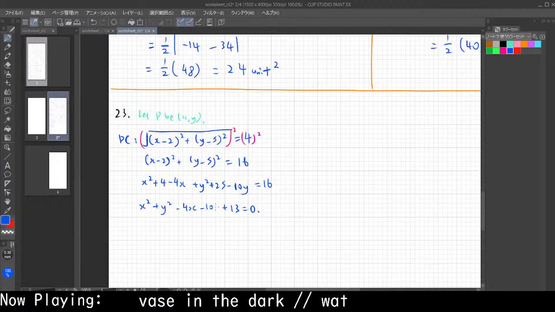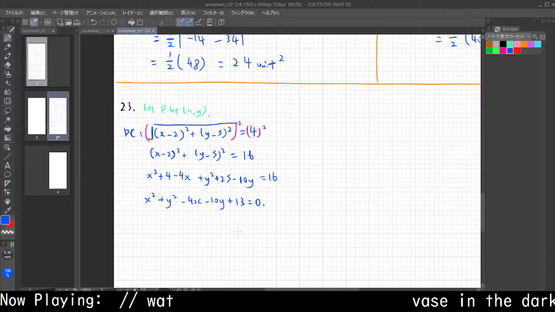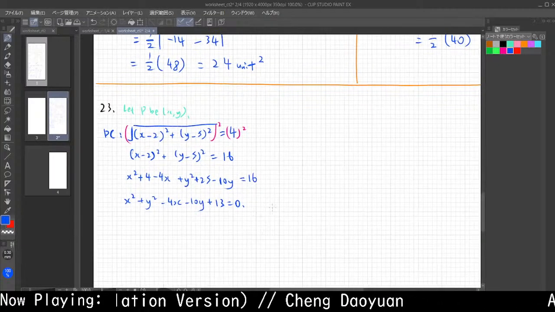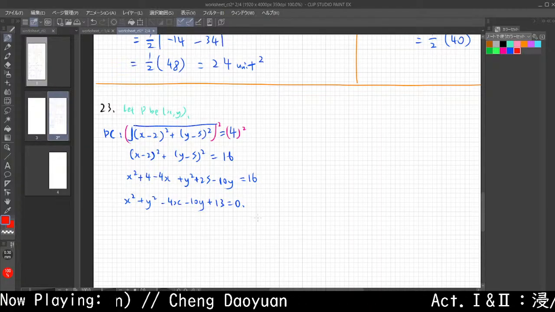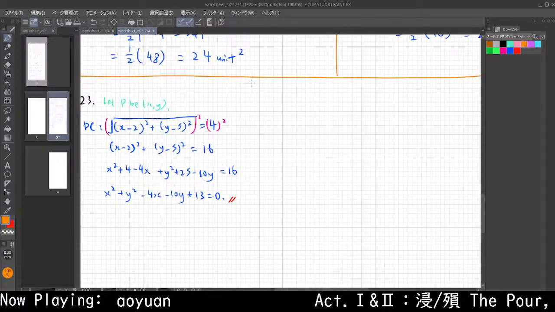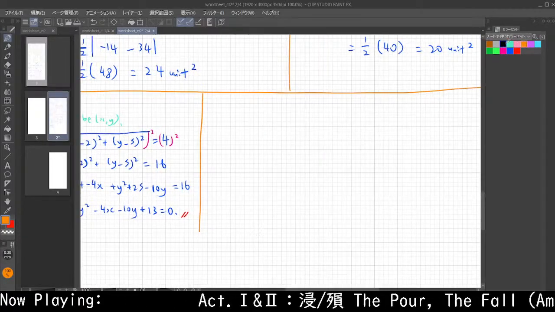Basically, after you get this, nothing else you need to do. If you can simplify, simplify. If you cannot, then just leave it as is. This is your answer. Simple as that. Quite simple, frankly. It is not that hard.